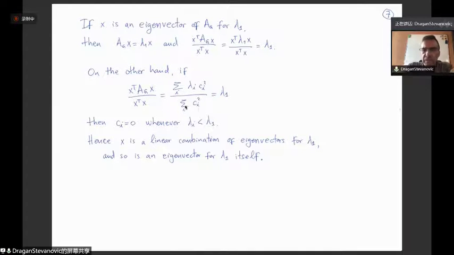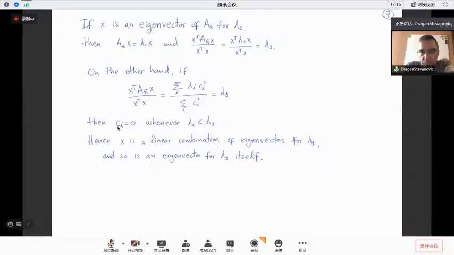Recall, in this case, we only assume that lambda 1 is greater than or equal to lambda 2, greater than or equal to lambda 3, so maybe lambda 1 will be equal to lambda 2 for some graphs. In particular, if a graph has two disconnected separate components, and each of them has lambda 1 for itself, then when we combine them, for the large graph we will have equality lambda 1 equals lambda 2.